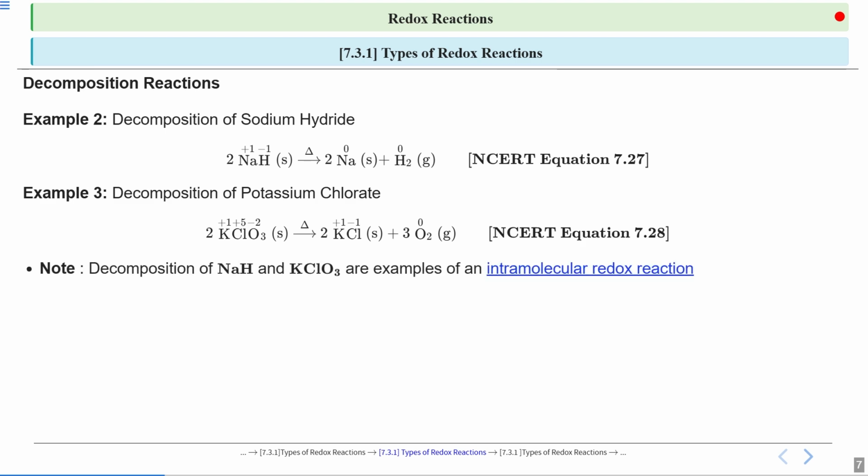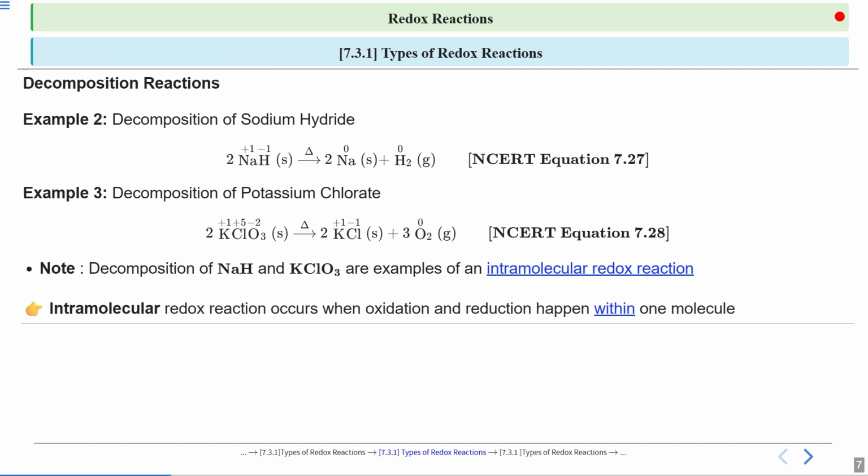There is a note over here that if you look at the sodium hydride and potassium chlorate decomposition reactions, you will consider them as an example of intramolecular redox reaction. So now what are intramolecular redox reactions? What do you understand by it?